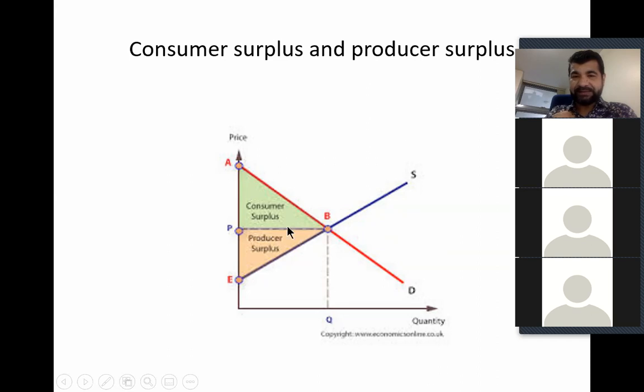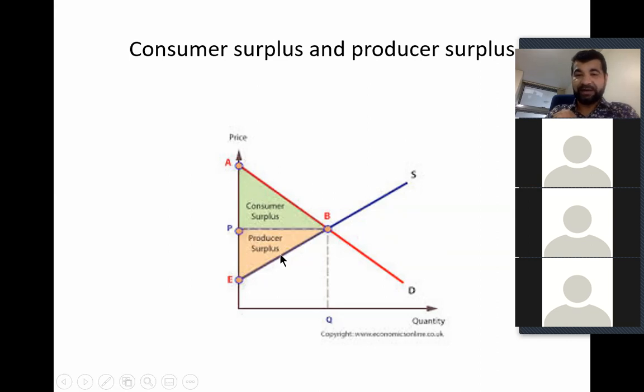You see that this is the price line. This is the market price. It is above the market price, below the demand curve. So this green area is your consumer surplus.